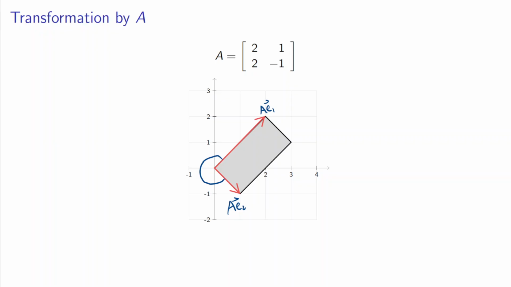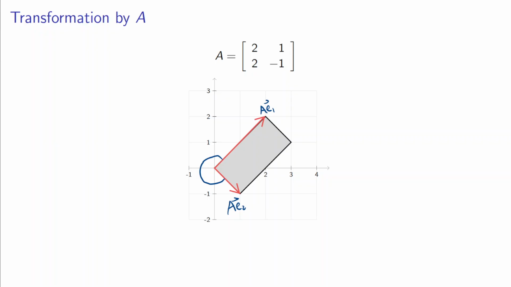If we were to think about the area of this transformation of the unit square, we could go ahead and compute it. It ends up to be a rotated version of a rectangle where we've got this side down here.